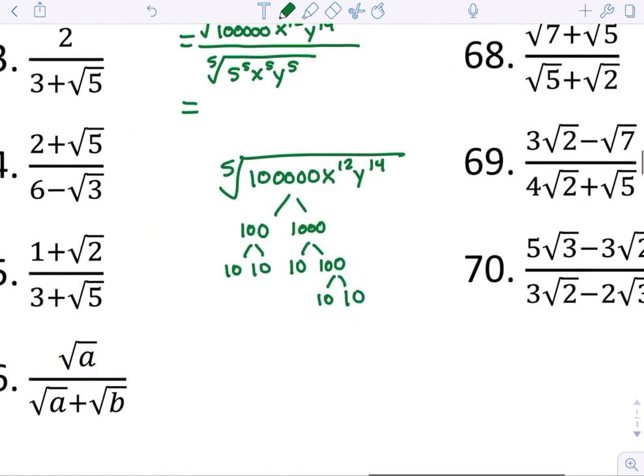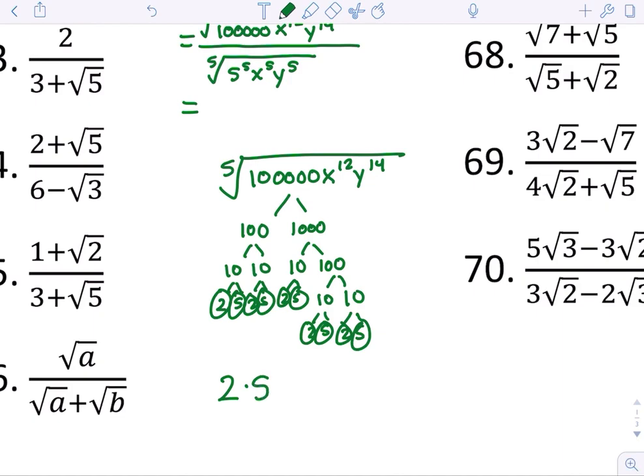Now, if some of you notice, I see that I have 5 10s. You can certainly take out a 10 here, or if you guys just want to do the more traditional, all of these are 2 5s. But look at the 2s. 1, 2, 3, 4, 5. 5 2s, that means a 2 comes on the outside. Group of 5, right? 1, 2, 3, 4, 5. 5 5s, so 5 gets to come on the outside.